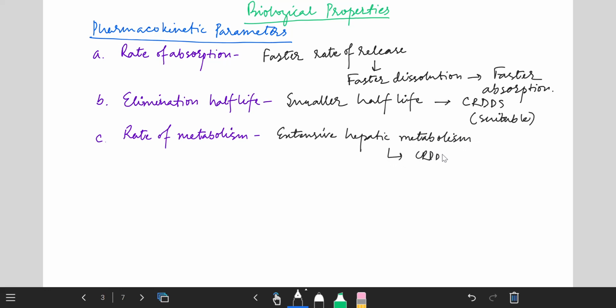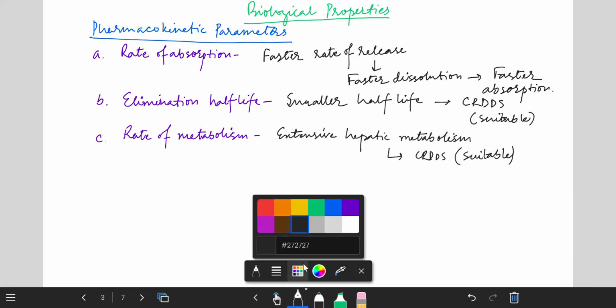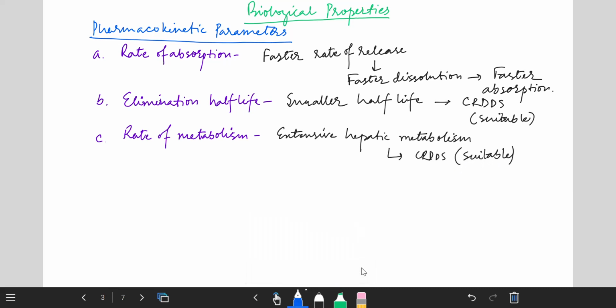Coming to the next parameters, that is pharmacodynamic parameters. Among the pharmacodynamic parameters, first we need to consider the therapeutic index.